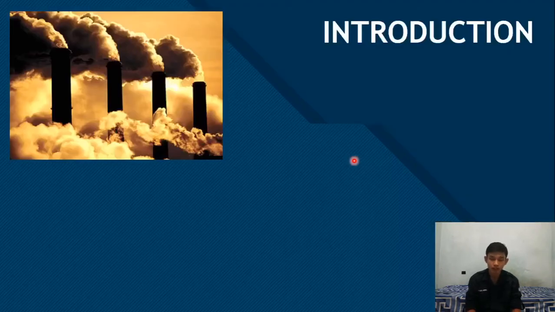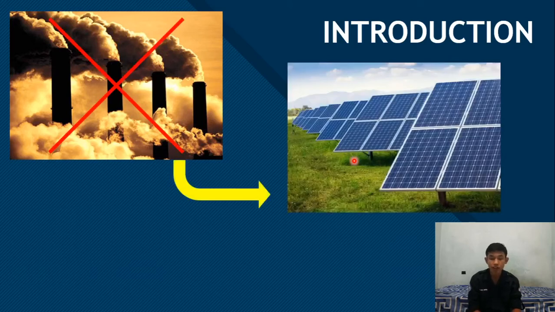Let's talk about the background of our research. The biggest problem today is massive use of fossil energy sources, which are used for various needs such as electricity. So we need backup from other basic sources such as solar panel source.